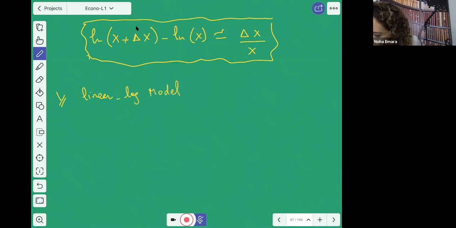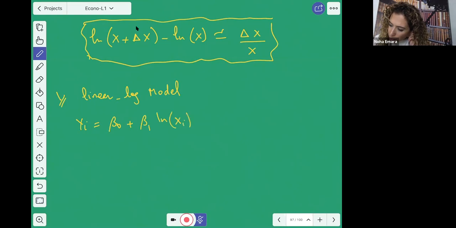It's linear in Y, log in X. So a linear log model would look like this: Yi is equal to beta naught plus beta 1 log Xi plus ui. And this goes over n people or n countries or n whatever the type of cross section that you are using, okay?